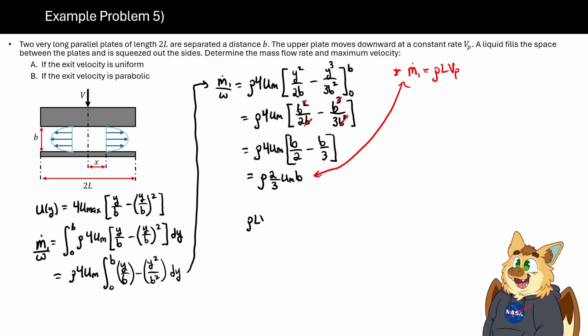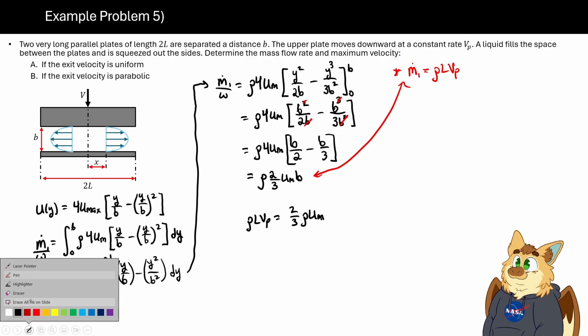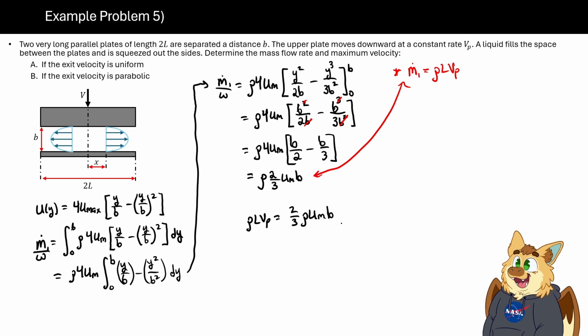So rho L V plate equals 2 over 3 rho U max times B. Our rhos will cancel on both sides, and you're finally left with U max is just equal to 3 over 2 times L V plate all divided by B. Okay, that's it. You made it.